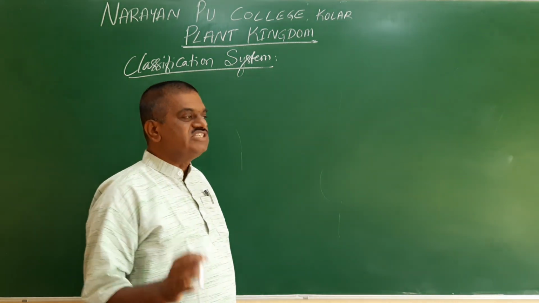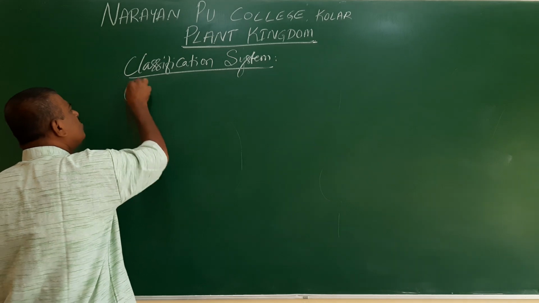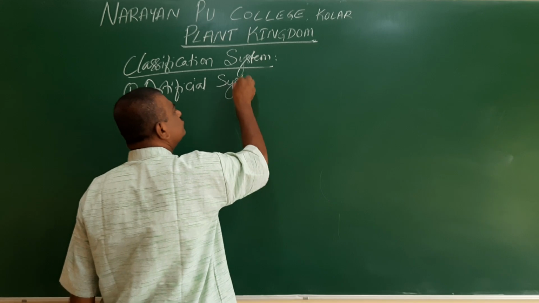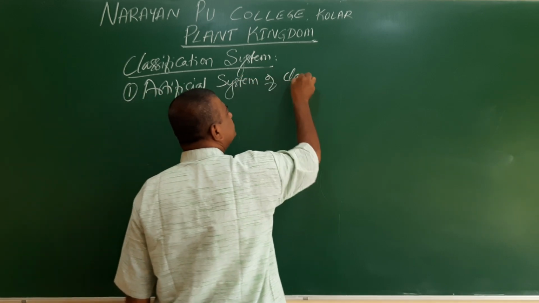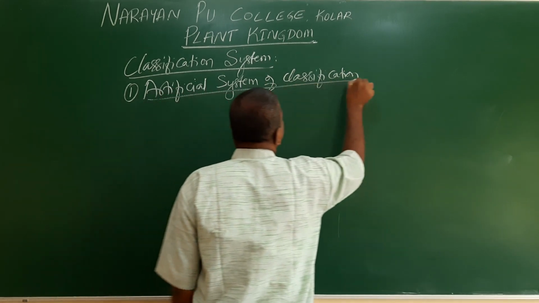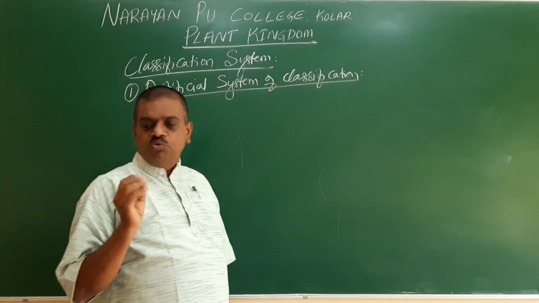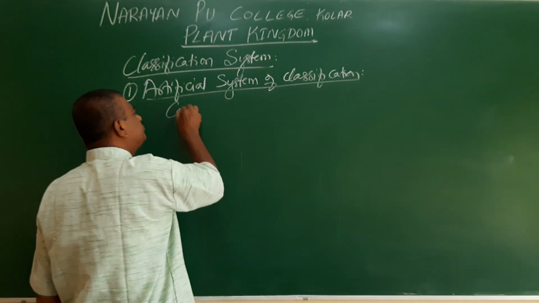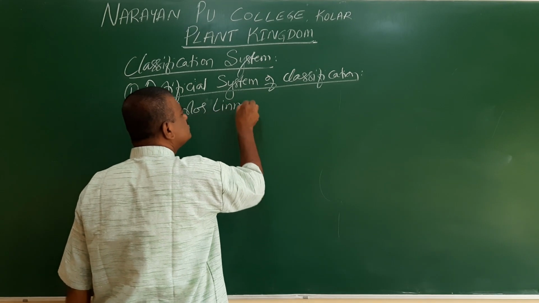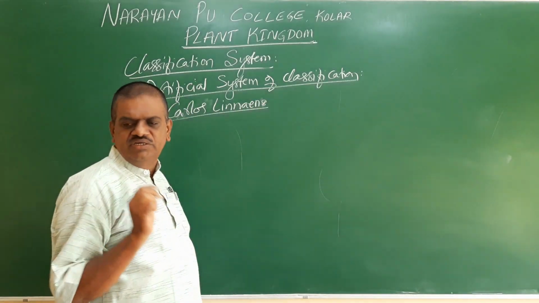The first one is called the artificial system of classification. This classification was proposed by Carolus Linnaeus.